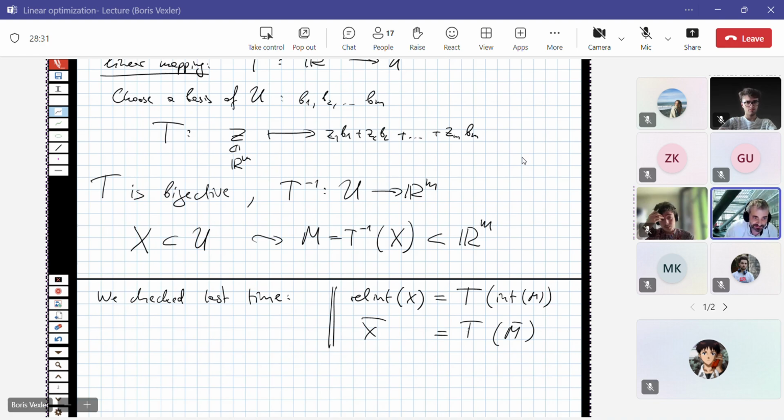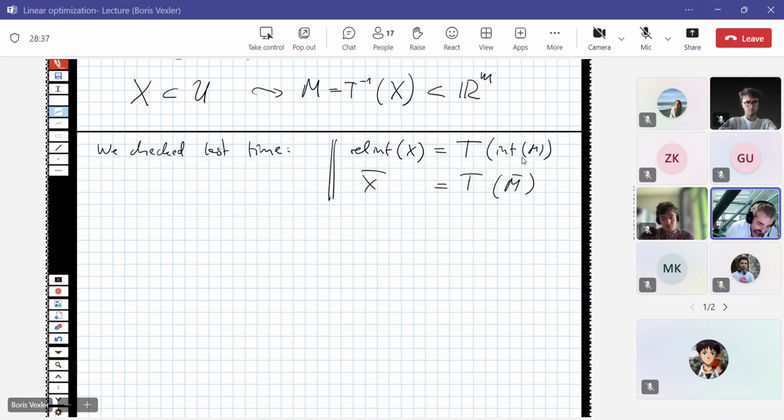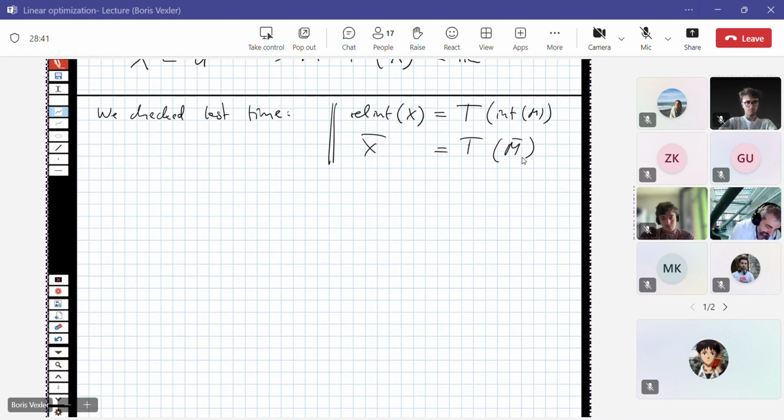And now this should be clear. If you want, I can make a picture. Let me make a picture. Let's say this is R^2, n is equal to 2. This is your convex set, an interval.